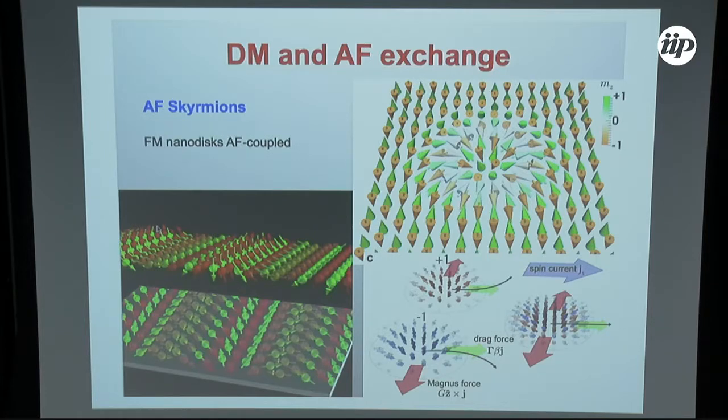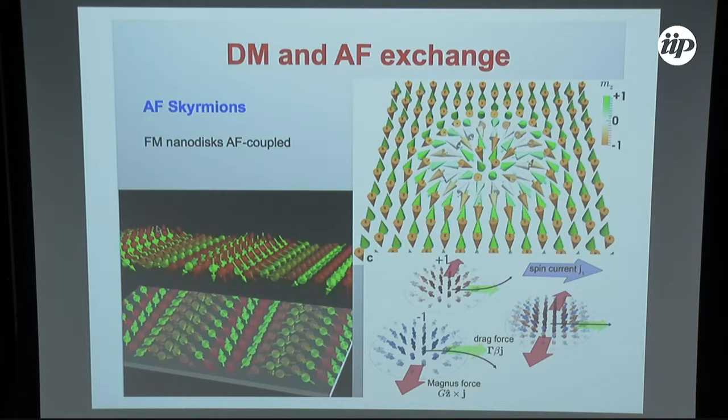So the experiments they are doing now with this antiferromagnetically coupled nanodisk have to do with this picture here. From the experimental point of view, they can think of them as being two ferromagnetic skyrmions, and then spin current will move them straight instead of having some drift to the left or to the right.